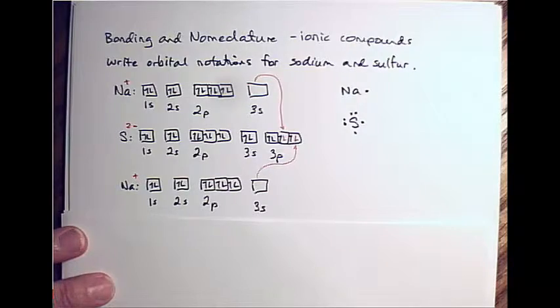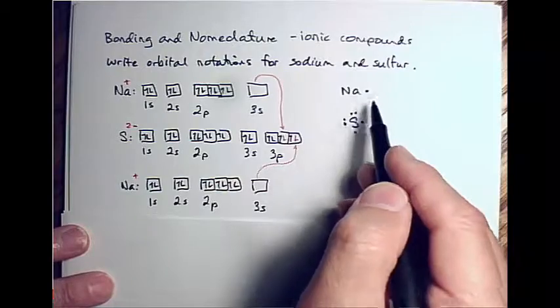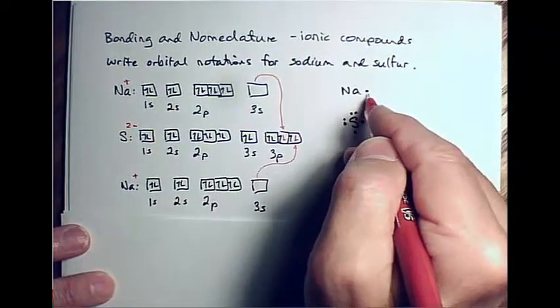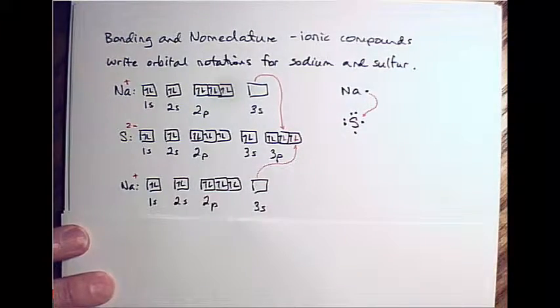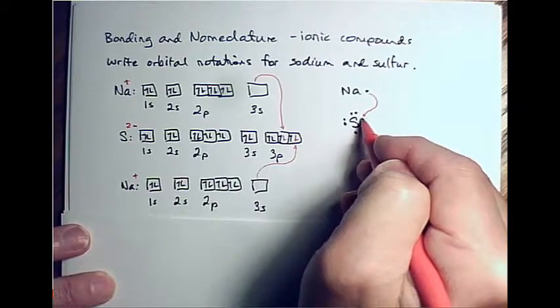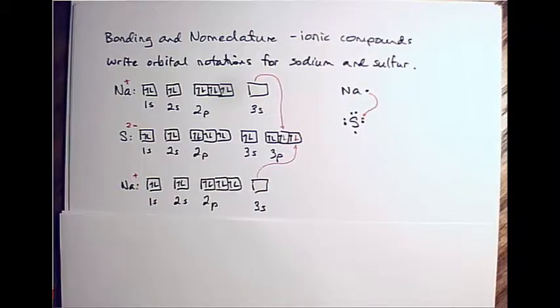We said that sodium, which is a metal, like all metals, tends to give up electrons. So we're going to take this electron right here, give it up and take it down here and put it into sulfur's electron dot formula. So it's going to go right there, and this little dot's going to disappear up here.